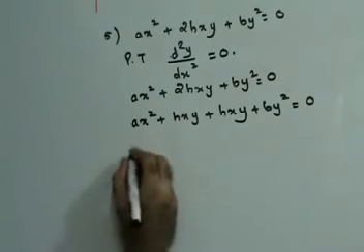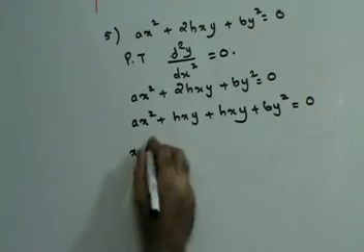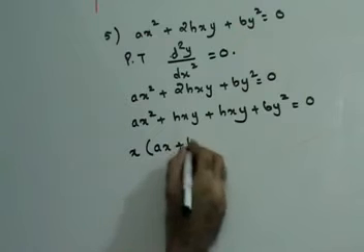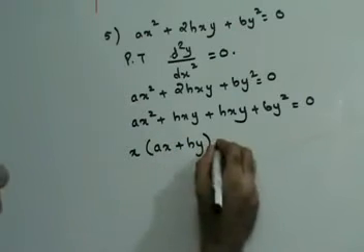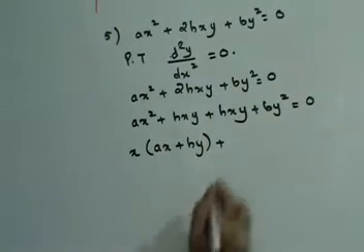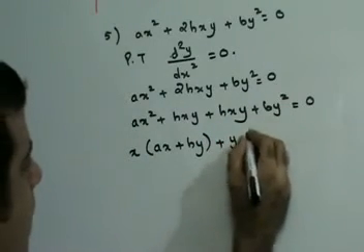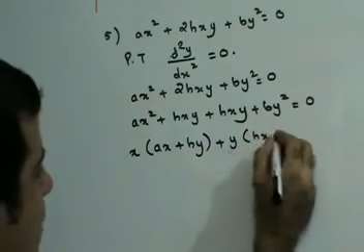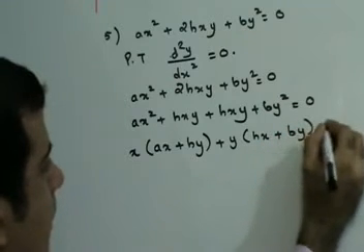Now between the first and the second term I can take x common. So I will have x(ax plus hy). Between the third term and the fourth term, I can take y common. So in which case I will get y(hx plus by) is 0.